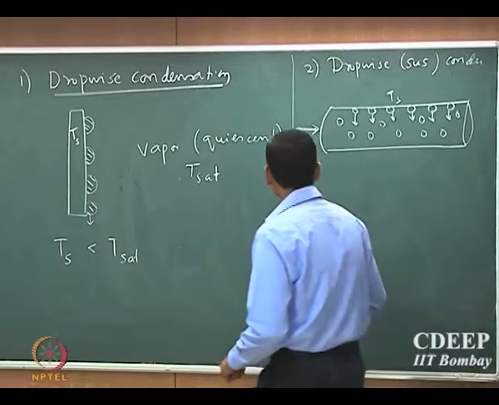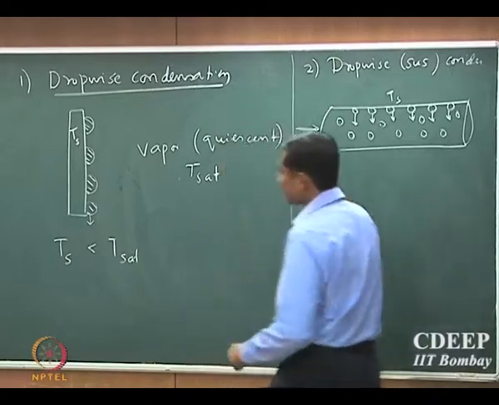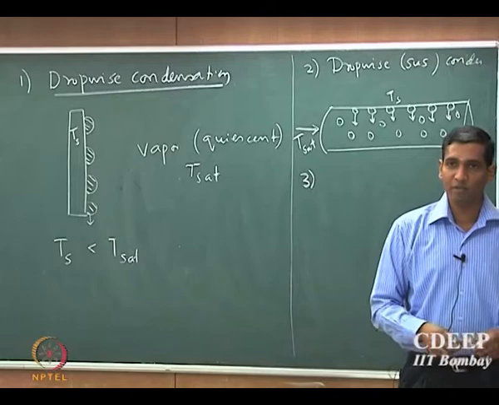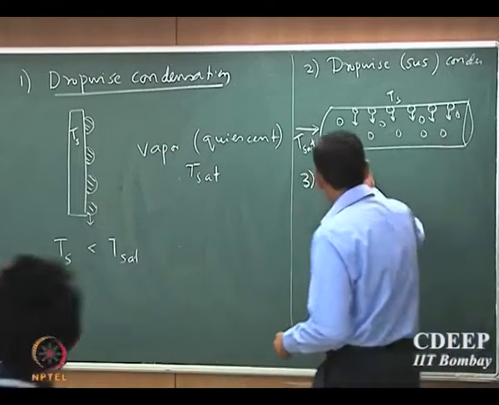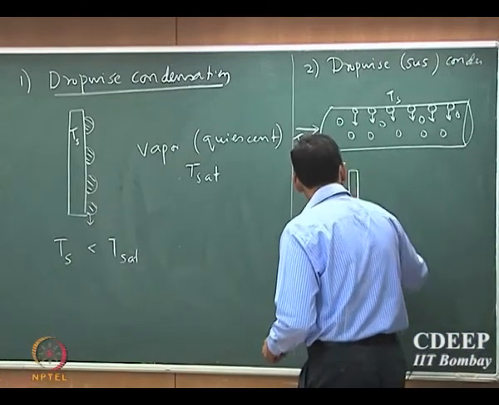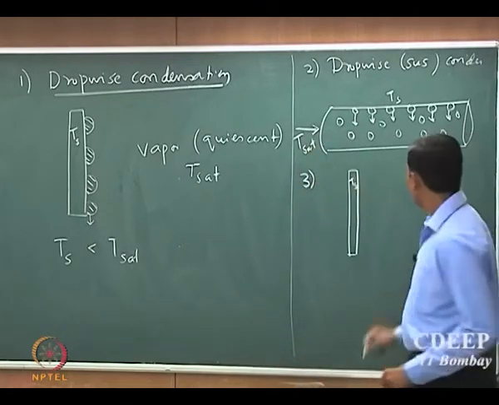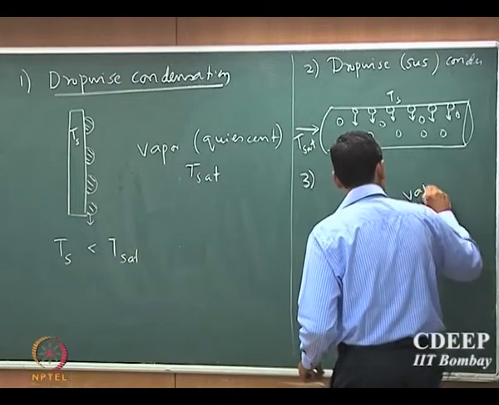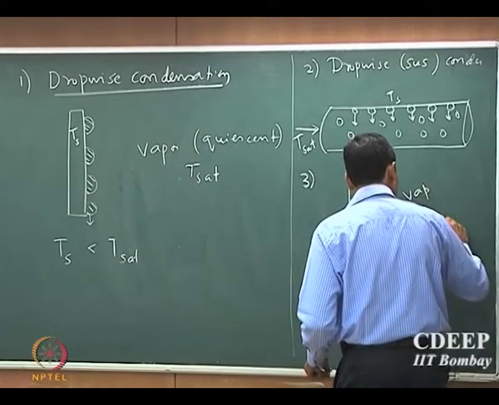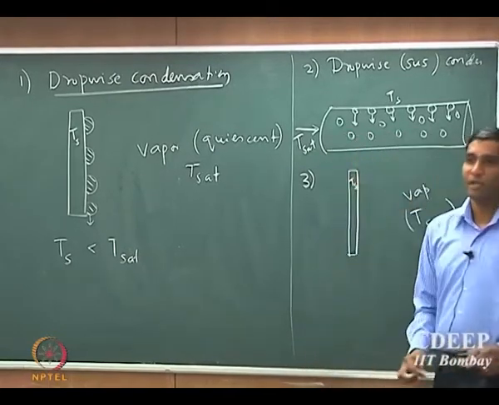So, this is the dropwise suspended condensation process. And then the third one is where we have the film condensation process. So, suppose I have a wall which is at, let us say, temperature Ts, and there is vapor which is maintained at Tsat, that is the saturation temperature.